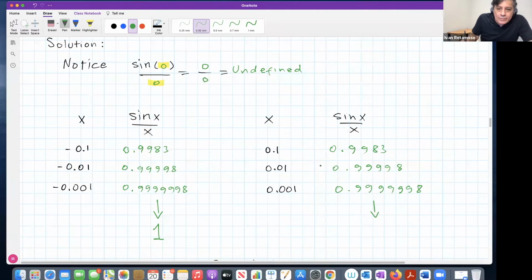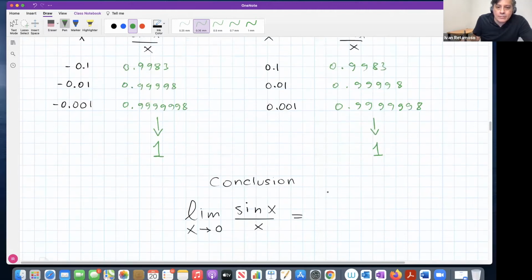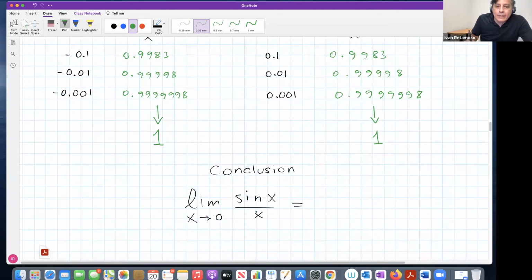If you approach 0 from the right, these decimal numbers are also going to 1. Convergence, look, from the left going to 1, from the right going to 1. Therefore, conclusion, the limit of sine of x over x as x approaches 0 should be 1, because there is a convergence.